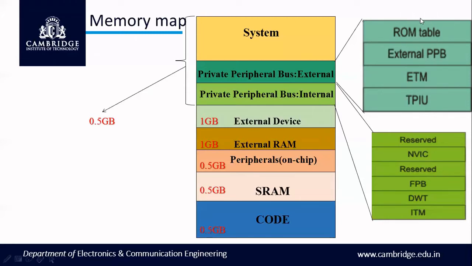And you have your ROM table here, which holds the addresses of each of these debug and trace components. Every debug and trace component is given an ID, that ID is stored in an ID register, and these registers are what is stored in the ROM table.